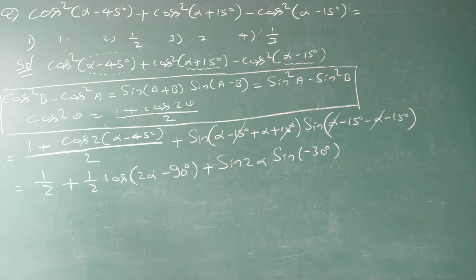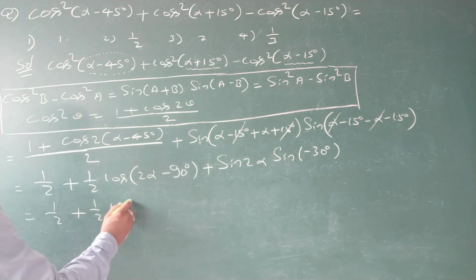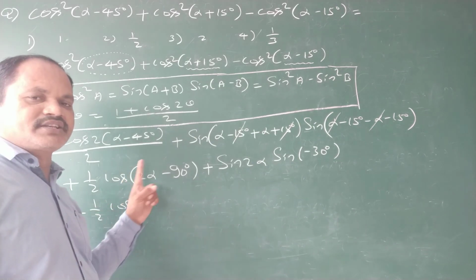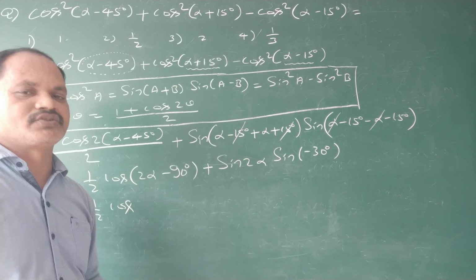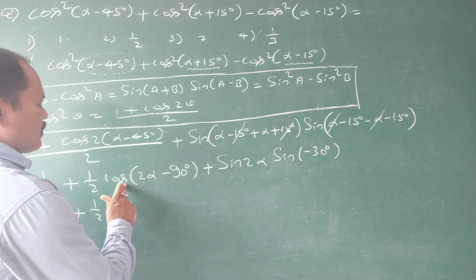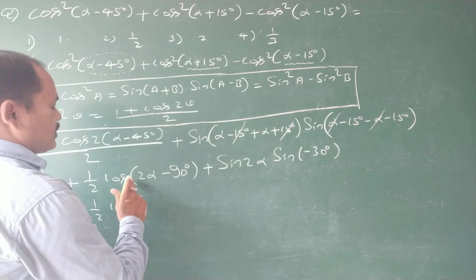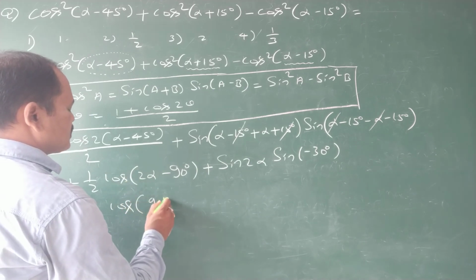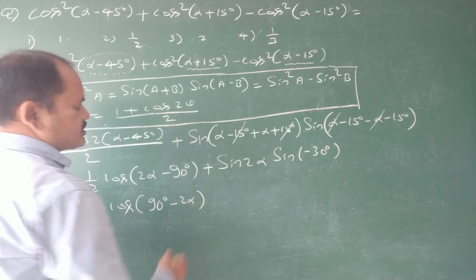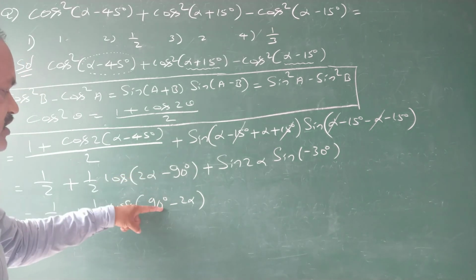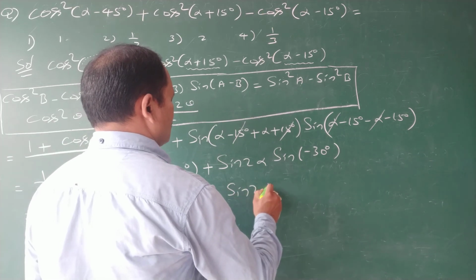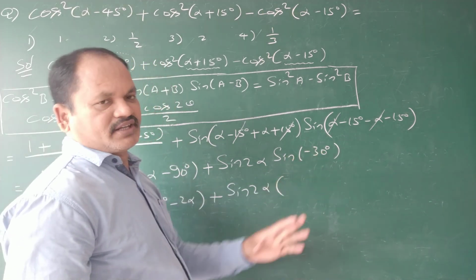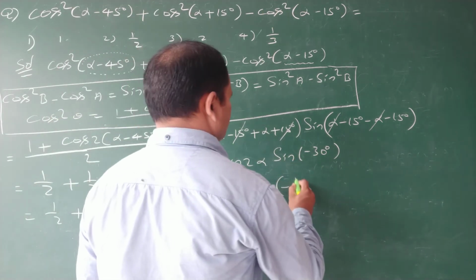We know that actually cos(a minus b) is nothing but cos(b minus a), since cos of negative is positive. That's why instead of cos(2 alpha minus 90), we can write cos(90 minus 2 alpha). So there is no change in the result. Plus sine 2 alpha into sine minus 30 is minus sine 30, that is minus 1 by 2.